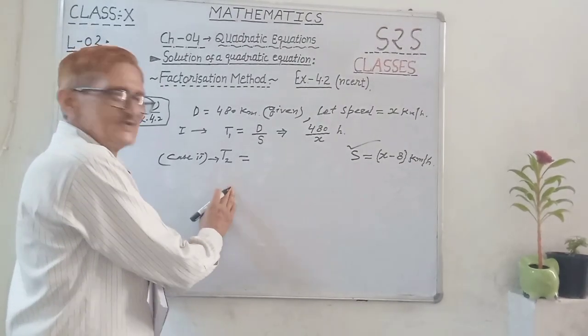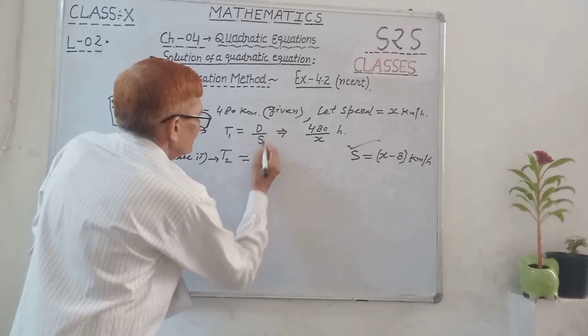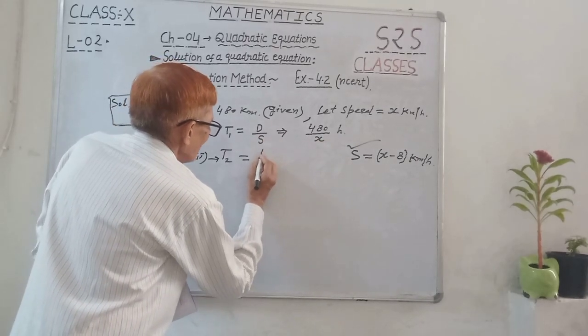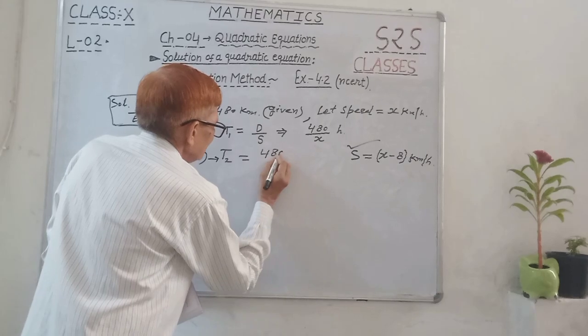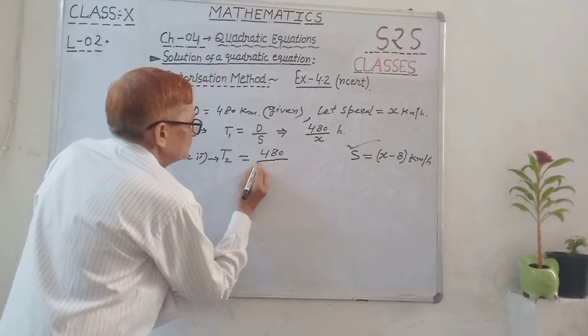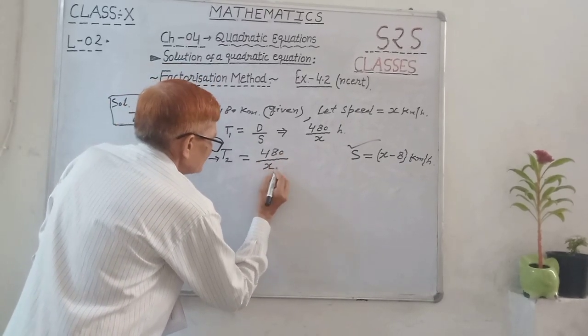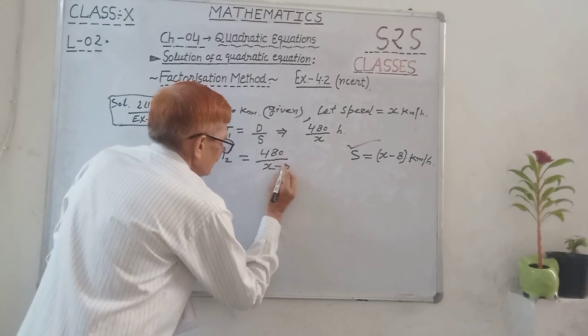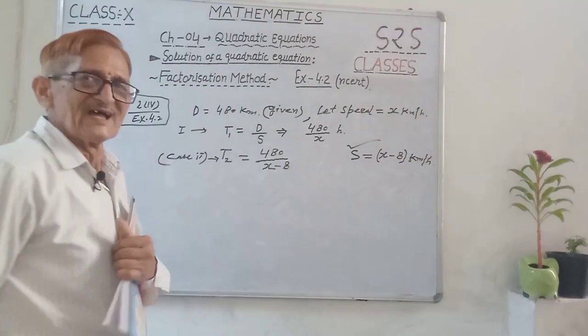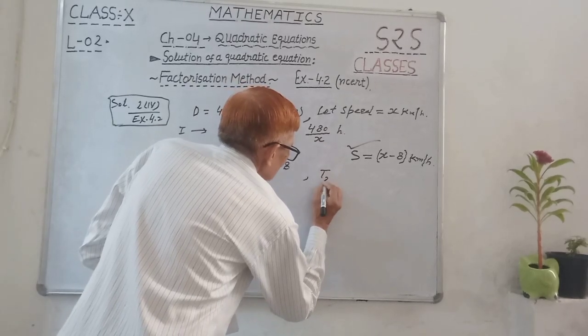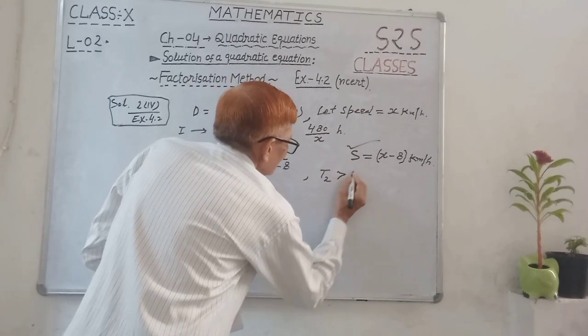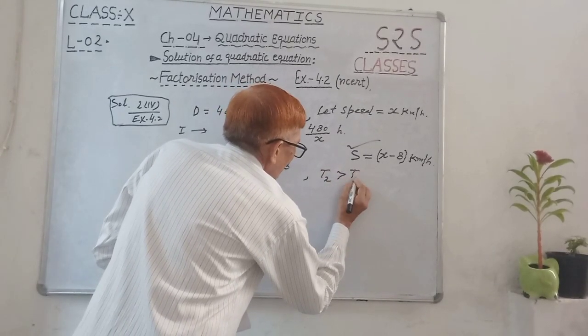More time will be taken. So distance upon speed, same distance 480 covered, and speed used x minus 8. So speed is less, then time is more. So T2 is greater than T1.